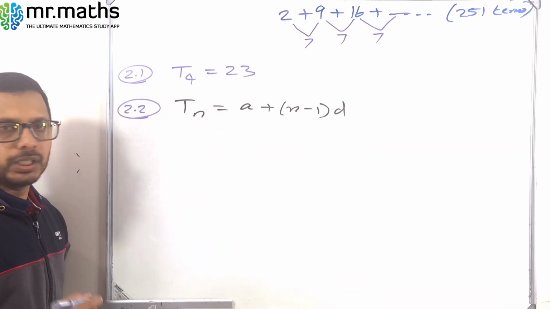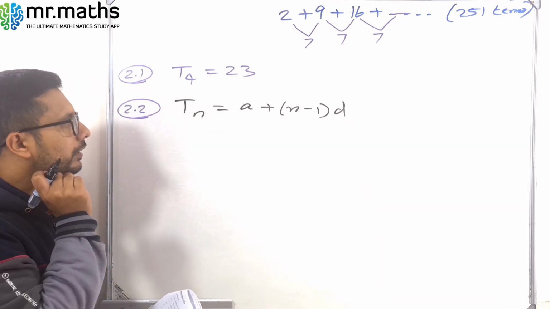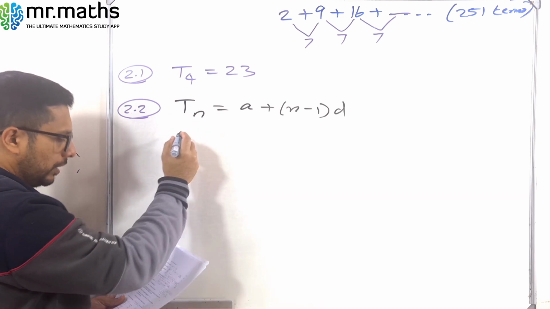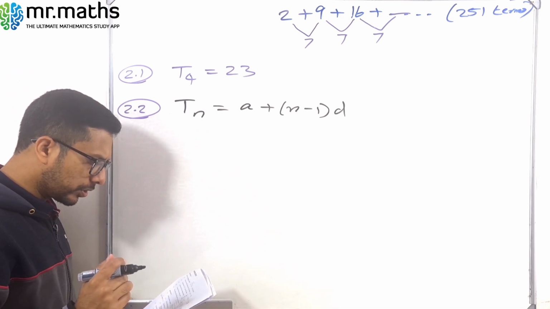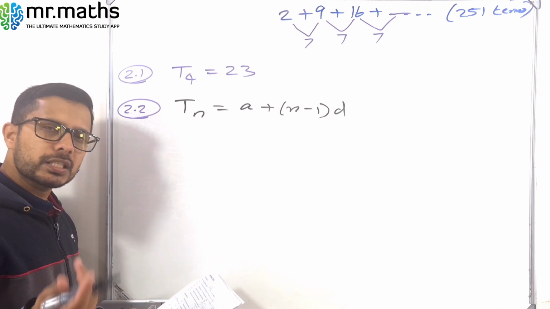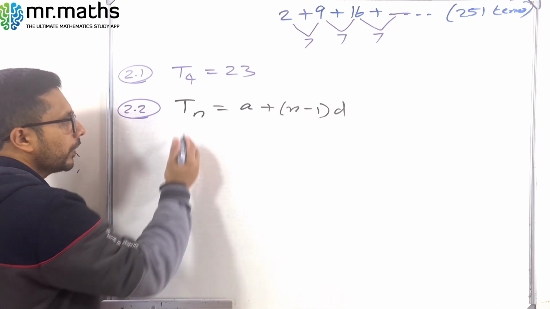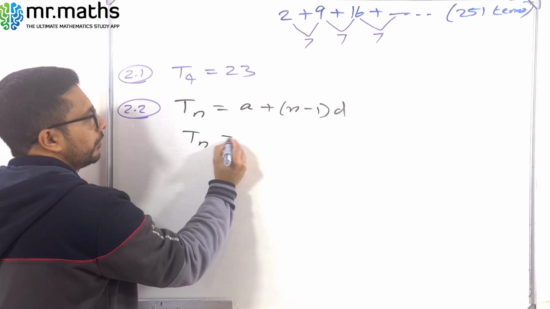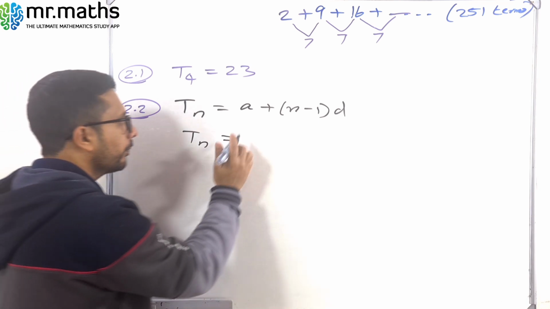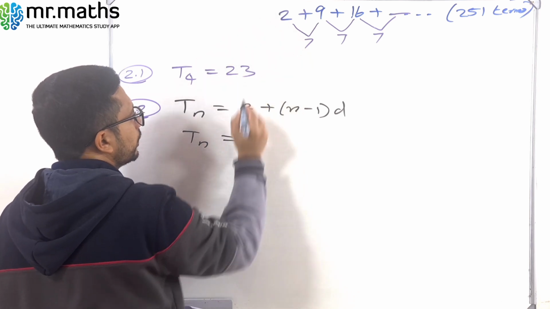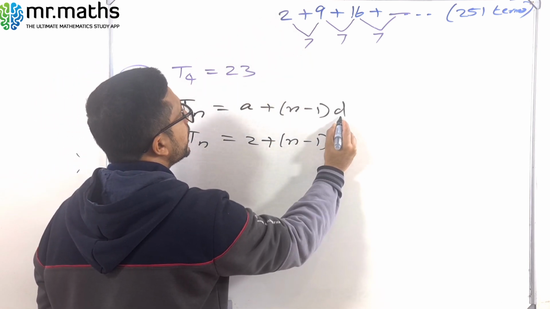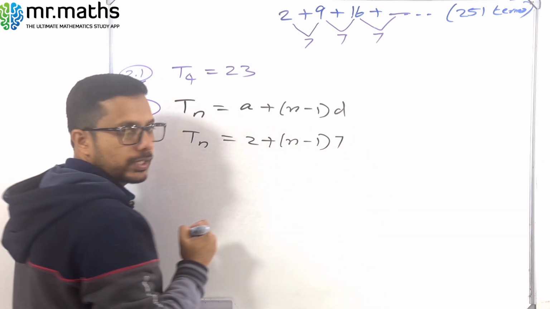So in this arithmetic series, we can first find Tn, then substitute 251; no problem. Tn is equal to a plus n minus 1 into d. What is a? 2. What is the common difference? 7.